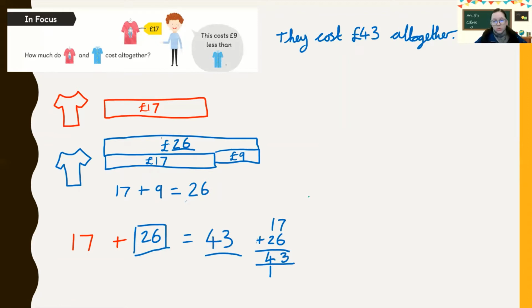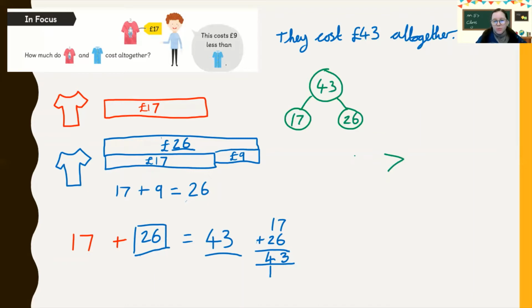We've got our bar models, which helped us to work it out. You could have your part whole. Now you know how much the 2 shirts cost. I wonder if any of you have done that. We had our 17 and our 26. You might have told me which one was greater, which one cost more, which shirt cost more.